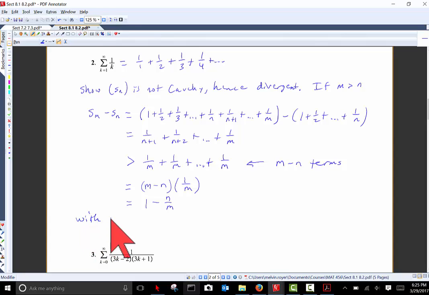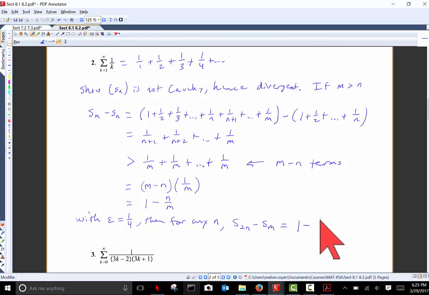If we take, for example, epsilon equal 1/4, we'll be able to show that this can be larger than epsilon. Then for any n, let's look at s sub 2n minus s sub n. Remember, m can be anything larger than n, so in particular m can be equal to 2n.